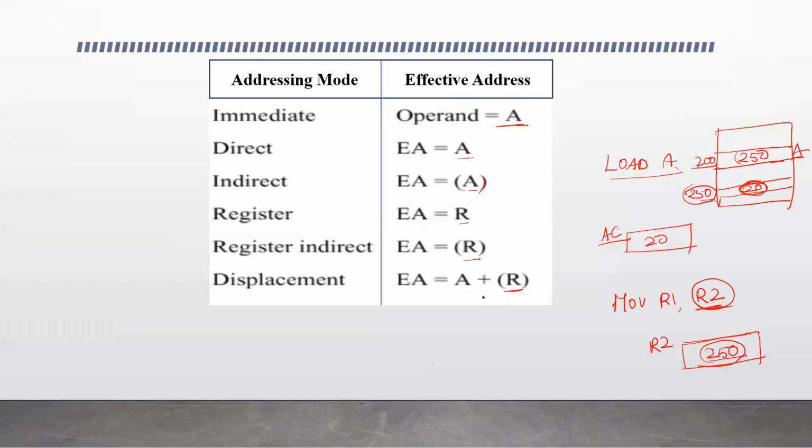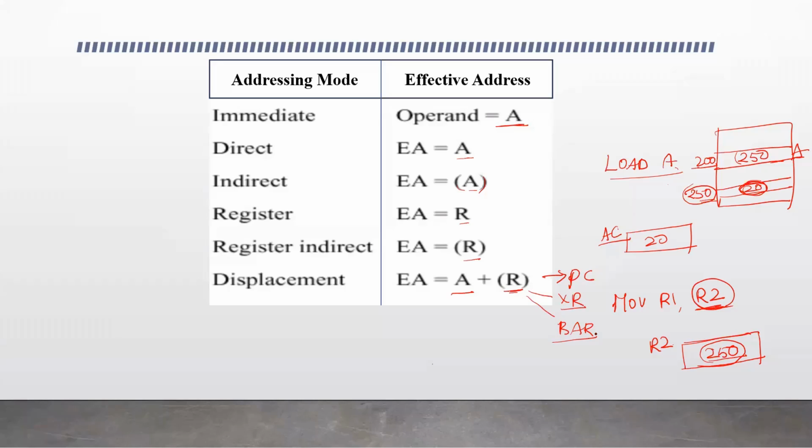In relative addressing mode, A is the address given in the instruction, and we add the content of one of the registers. The register may be PC in case of relative addressing mode, it may be XR, the index register, in case of indexed addressing mode, and it may be the base address register in case of base register addressing mode.